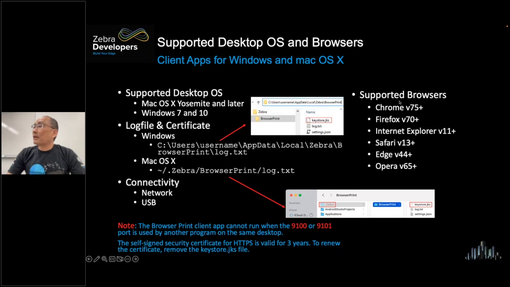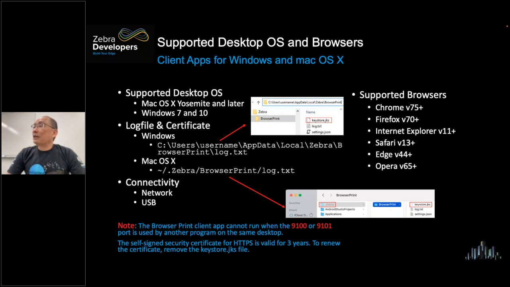The supported browsers on the Mac and Windows include Chrome, Firefox, IE, and Edge, as well as Safari and Opera. And the connectivity, on desktop or laptop computers, the supported connectivity would be network or USB. So Bluetooth is not supported in this use case.